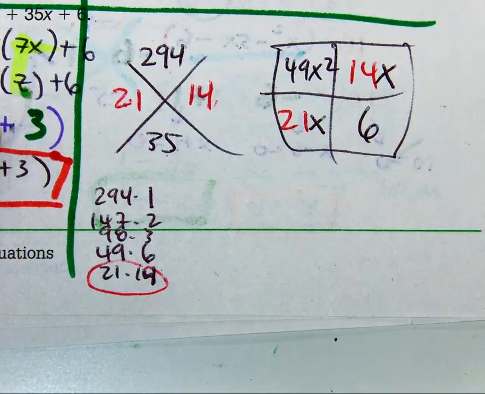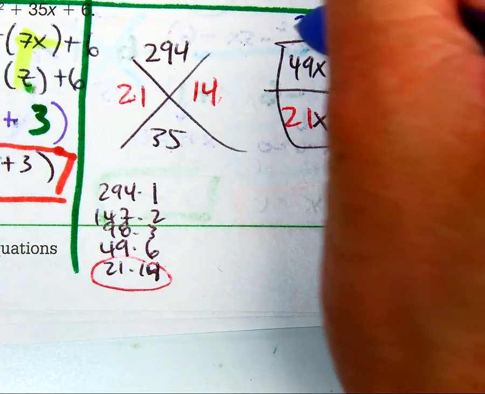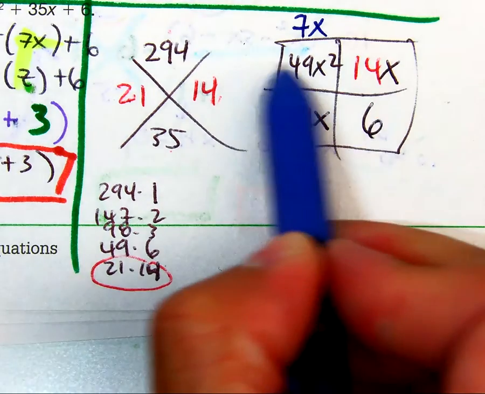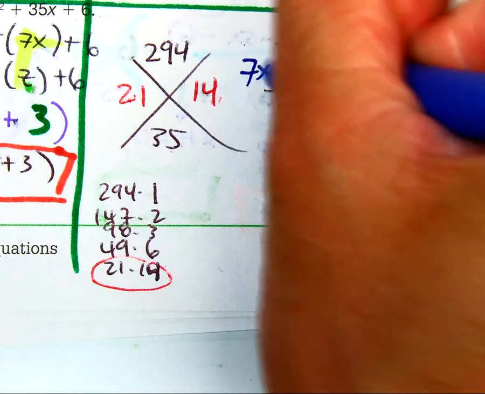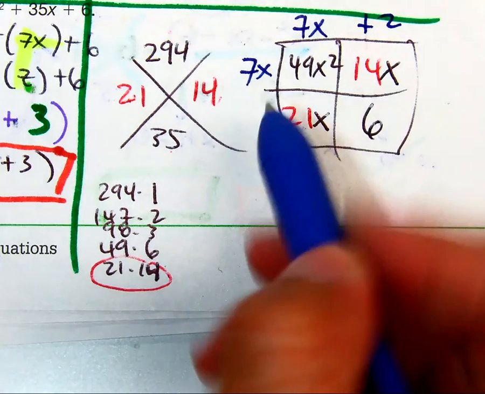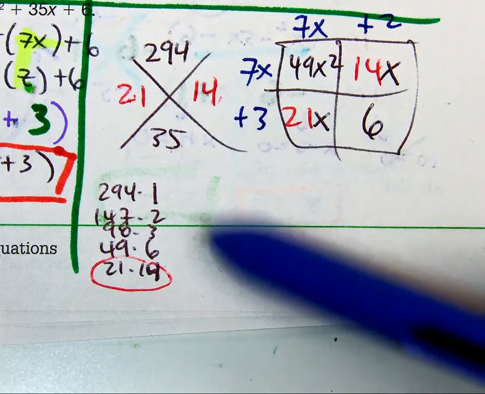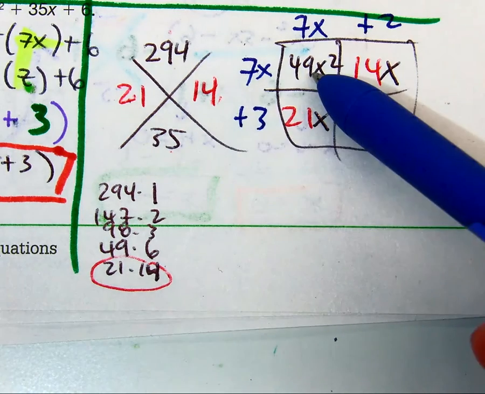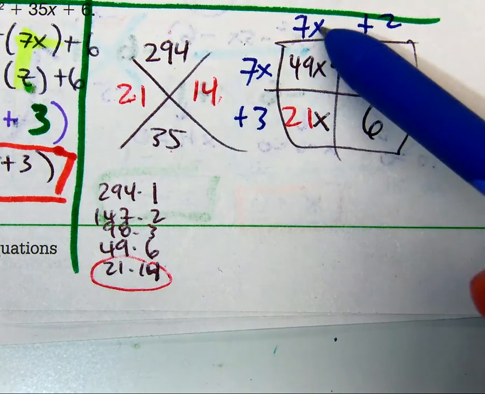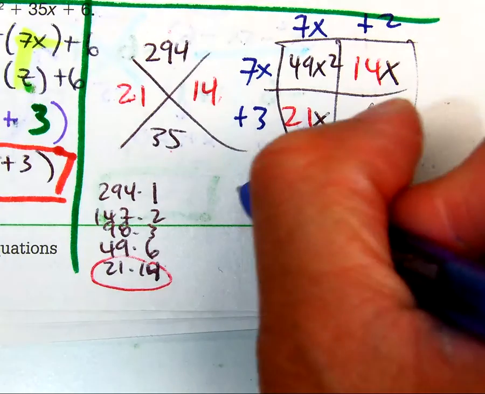And now we just need to pull out the greatest common factor. And you can always double multiply to check your answer. 49x squared, 14x, 21x, and 6. So my answer.